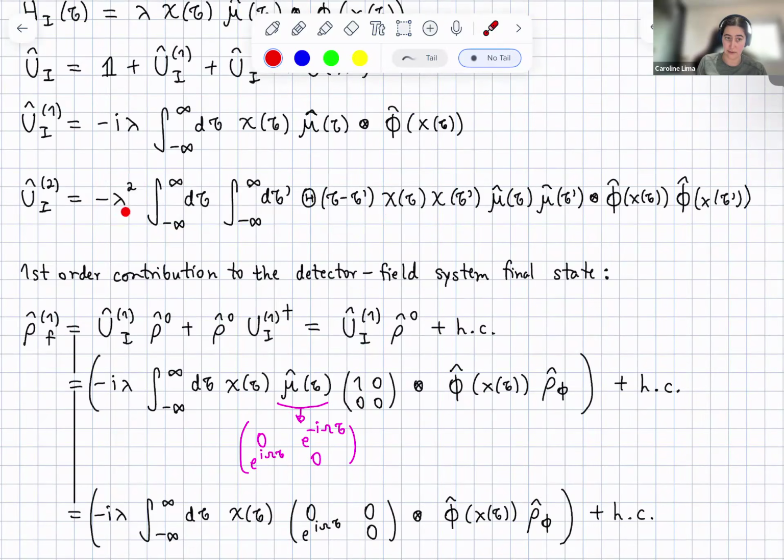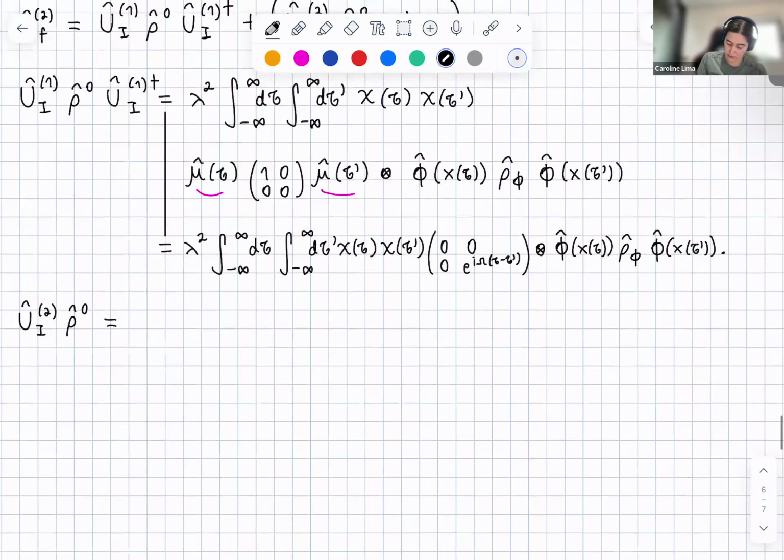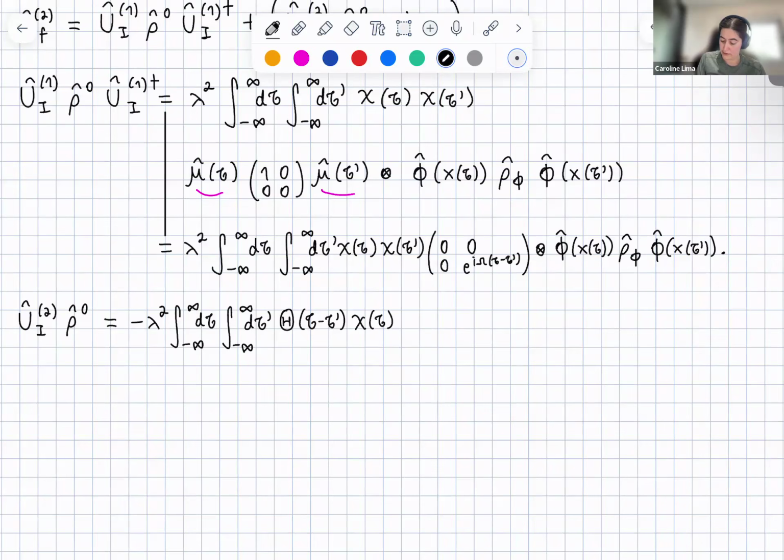And notice that here I have a minus sign. So this is going to be minus lambda square, the integral from minus infinity to infinity of d tau, minus infinity to infinity of d tau prime. Then I have the Heaviside of tau minus tau prime. Okay. Then I'll get both of the switchings. Okay.